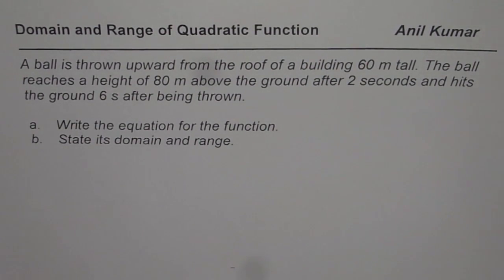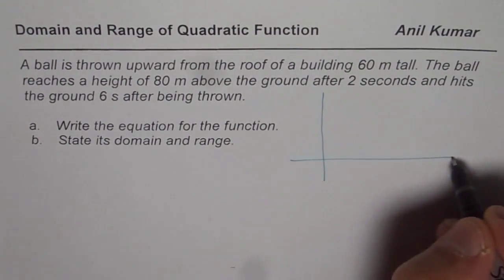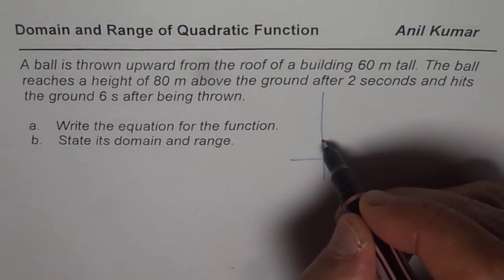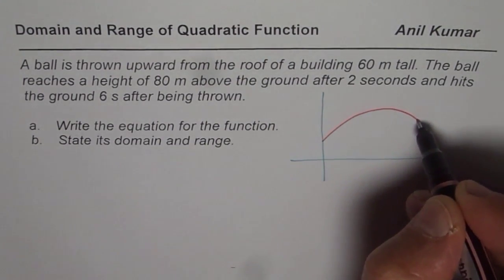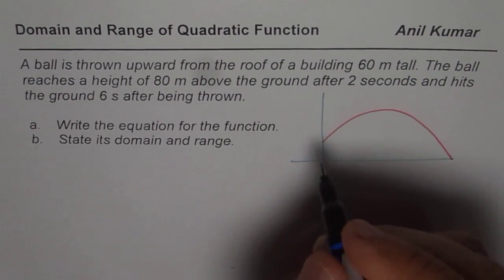Let me first sketch the scenario, right? And then we'll try to find the equation for the given function. So let us say that is 60 meters, the ball is thrown, it will follow a parabolic path and ultimately fall on the ground. Now the question says that the initial height is 60 meters, right?